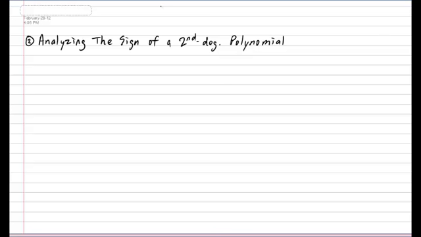Alright, well, I think the easiest way to show you the behavior of a second degree polynomial is to get right into it with an example. So I would like you to put example, and suppose I ask you this. Given a polynomial, let's call it p of x, and let's make it x squared minus 8x plus 7.